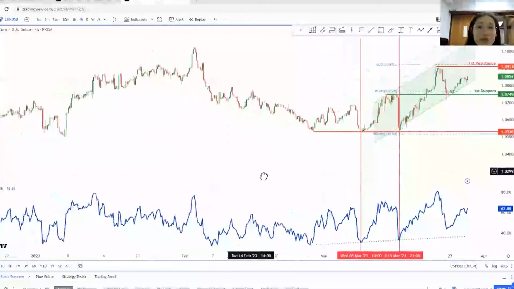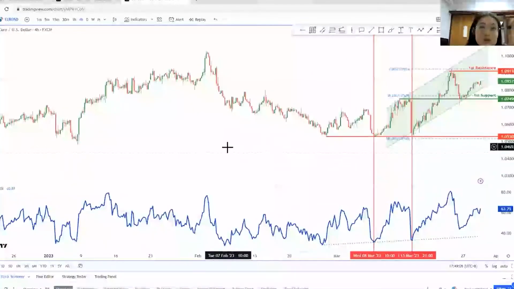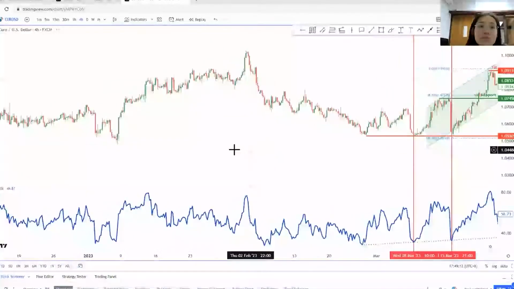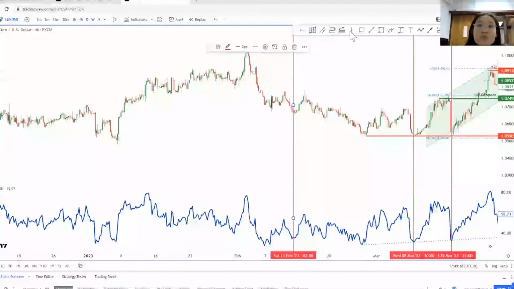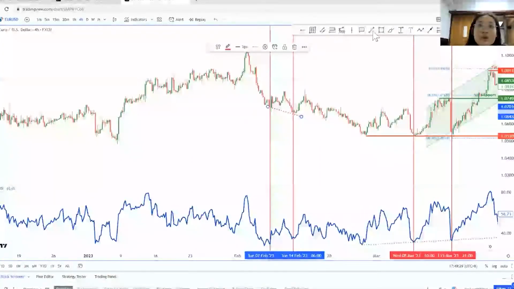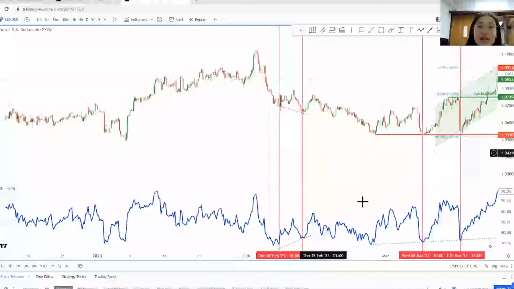Okay, let's see if we can find some more major examples of a divergence. Okay, over here we have one. Here price made a lower low, whereas on our RSI chart, it has made a higher low.